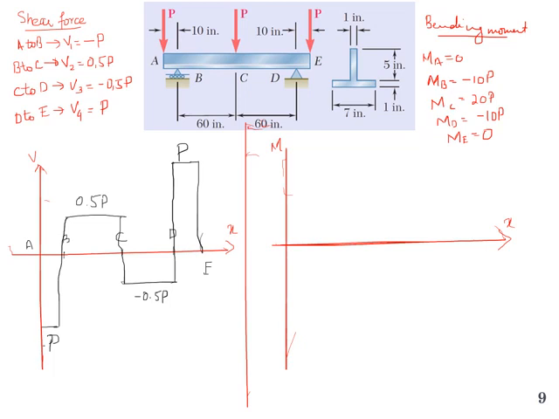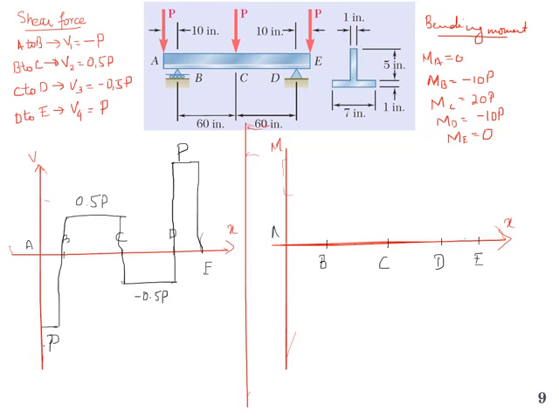And now for the bending moment diagram, we already calculated the moment at different locations, and we know the variation between shear and bending moment as well. So B, C, D, and we have E. Again, not up to scale.